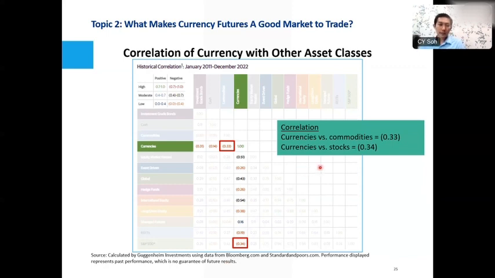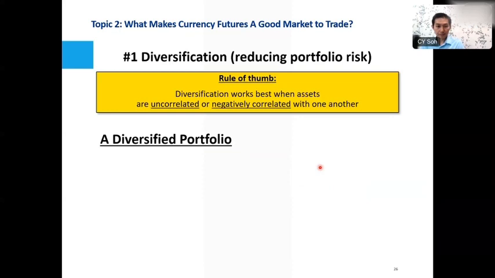At least in the United States context, currency has a negative relationship with commodities in general. Currency is also negatively correlated with the stock market. So the simple implication is that when you add currency assets into your portfolio, you are able to achieve quite a good diversification benefit.